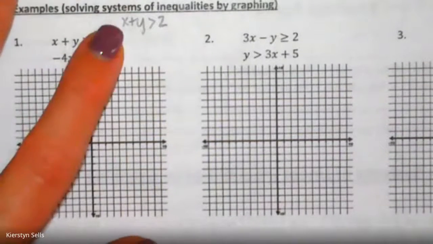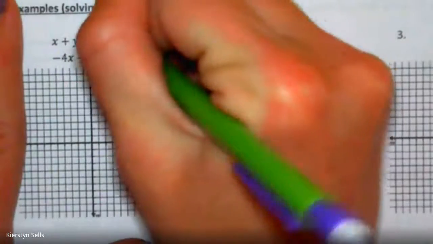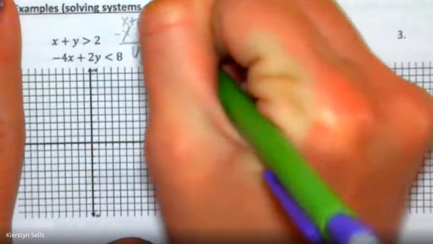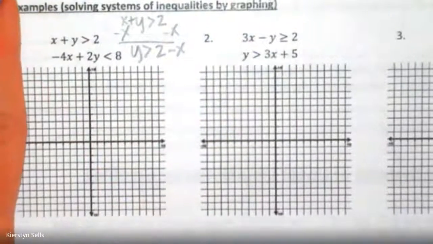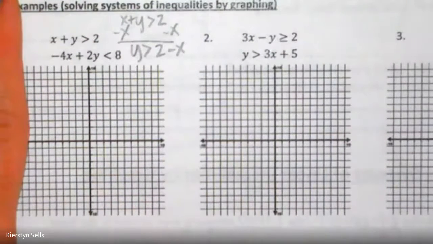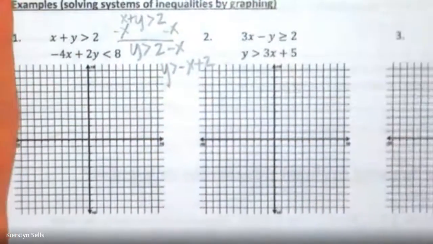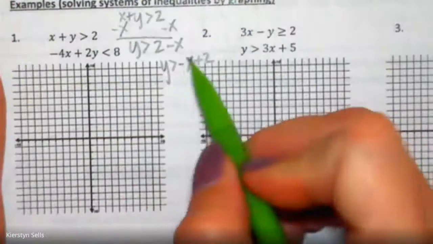Minus x. So y is greater than 2 minus x. I can rewrite it as negative x plus 2, and that's what I'm going to graph.